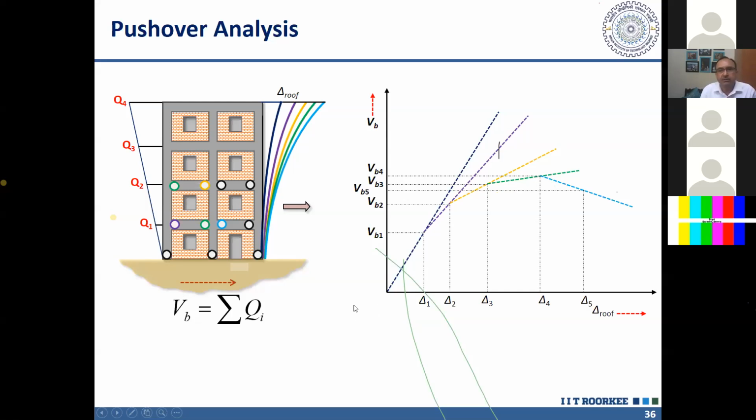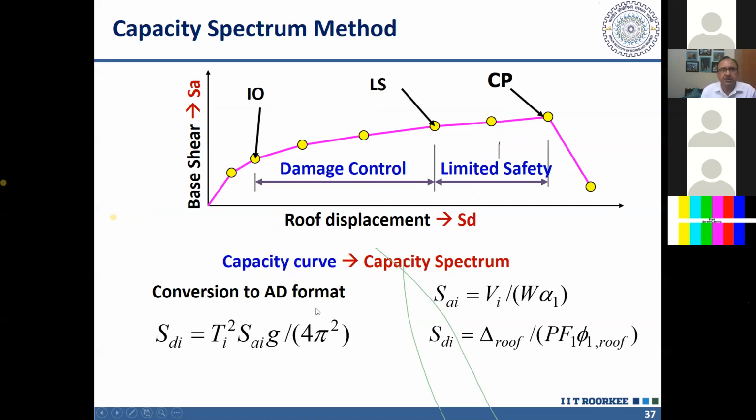So if we go on doing this, we will get a curve here. This curve is a very important property of this structure, what we call the capacity curve. So this is the capacity curve. And these circles are representing the different conditions where some yielding occurred.